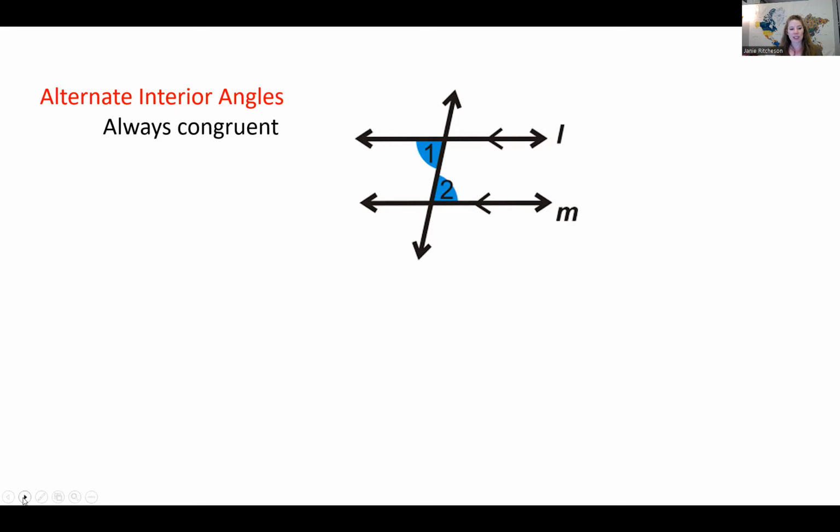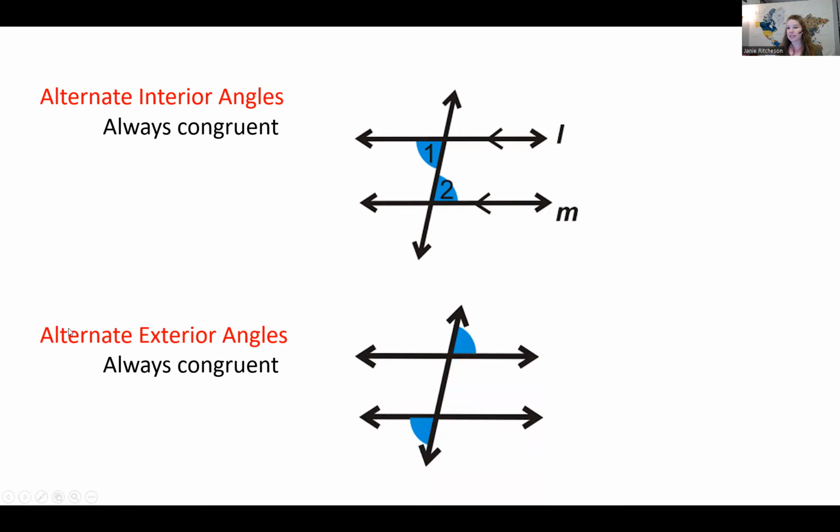What about alternate exterior angles? Alternate, once again, they're always congruent. The word alternate means opposite sides of the transversal, and exterior angles means outside the parallel lines. So this is an example of alternate exterior angles.